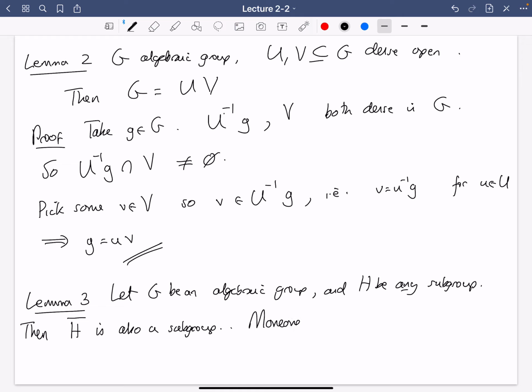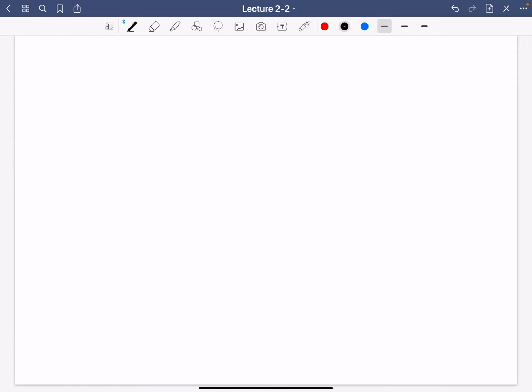Moreover, if H contains a non-empty open subset of its closure, so open in the subspace topology, then H equals H bar. Okay, so let's prove that, and we're going to need that for the theorem that's about to come.